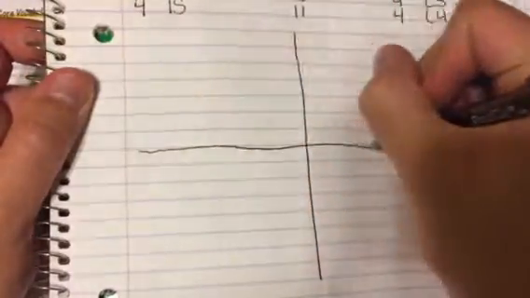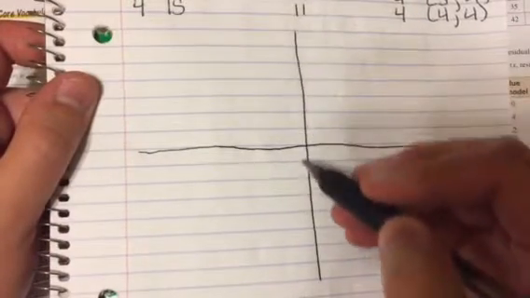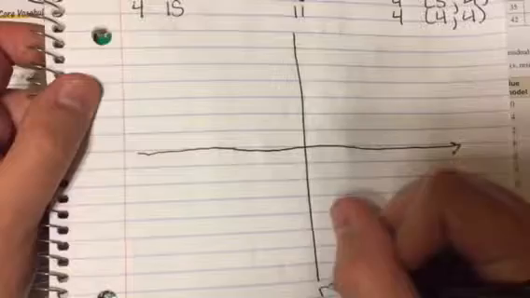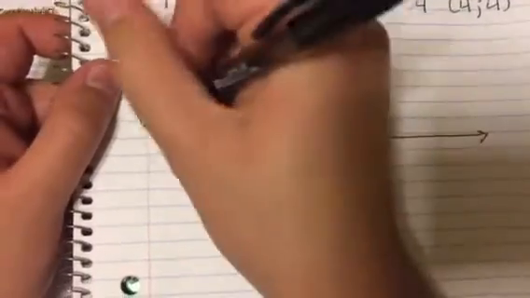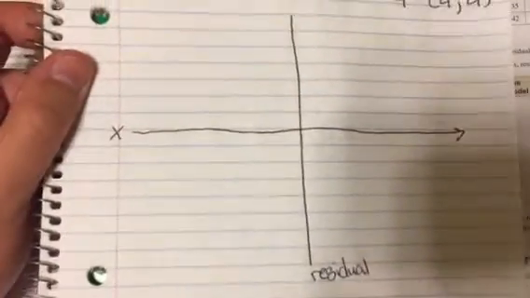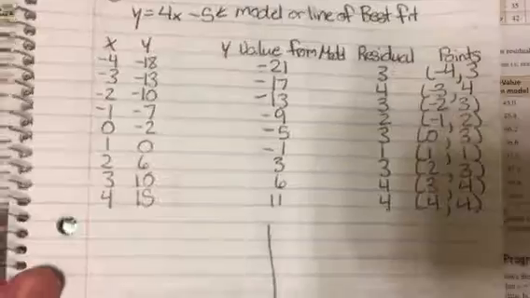Okay, so let's go ahead and make our T here. This will be the axis where all the residual points are on. And this will be the x-axis. Okay, so we have the point negative 4, 3.